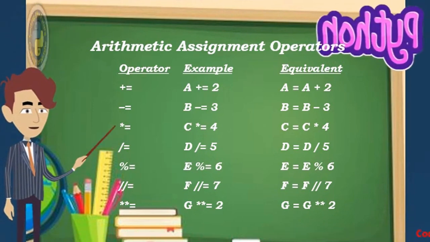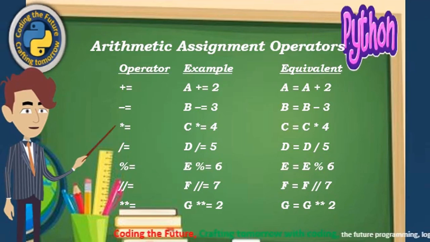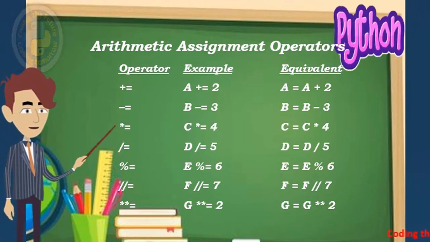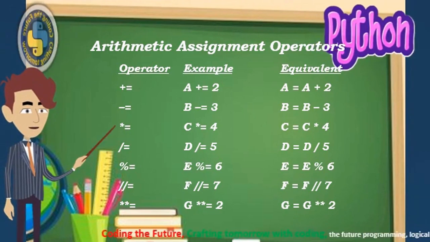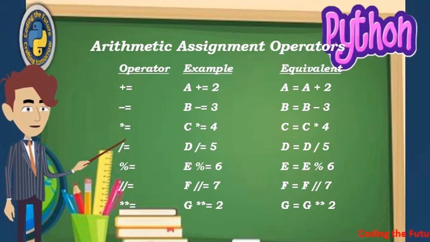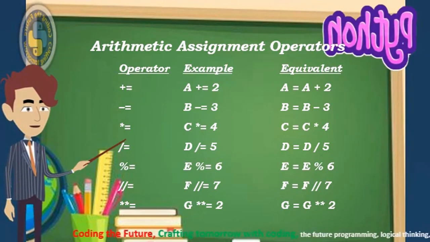Next is percentage equal to, for example e modulus equal to 6 is equivalent to e is equal to e modulus 6.